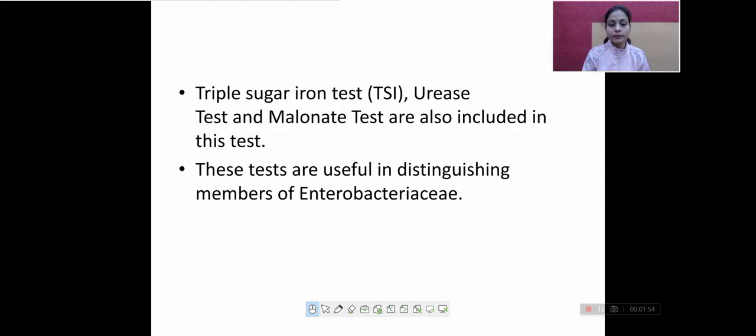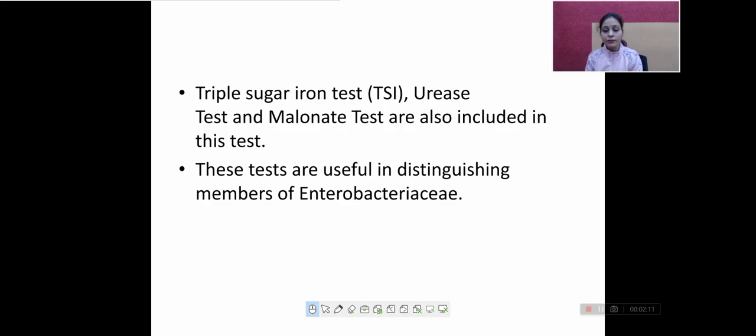So the triple sugar iron test. It is a triple sugar iron test. Urease and malonate tests are also included in this test. Already I told you that IMVIC is a combination of several types of tests, right?